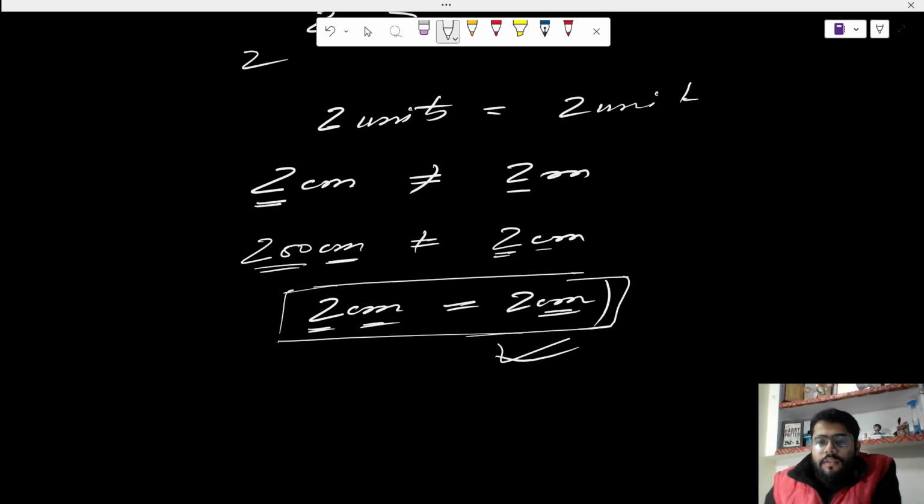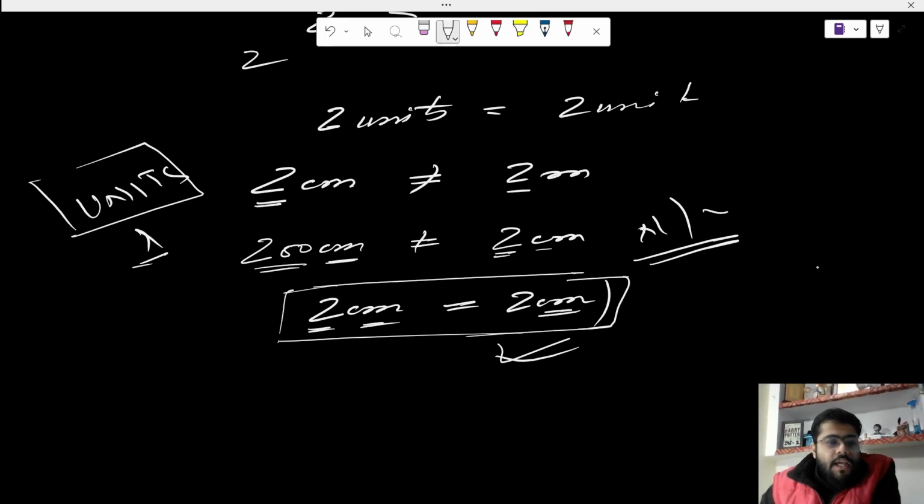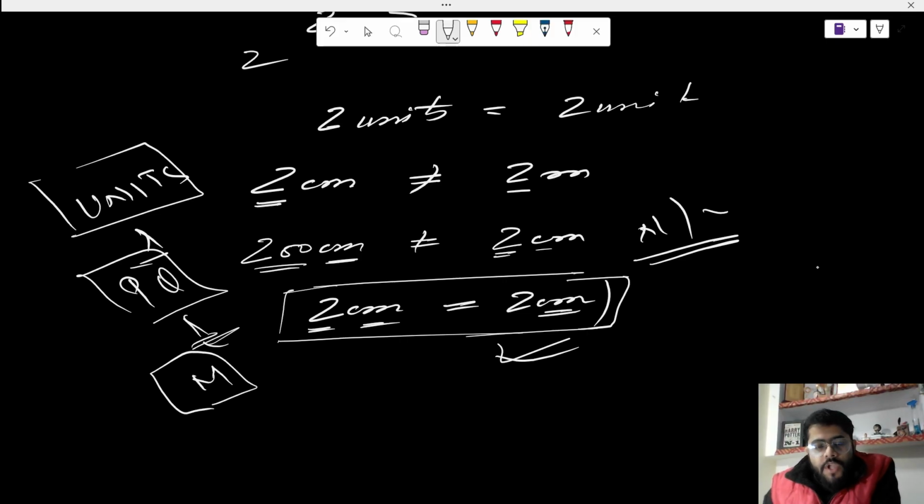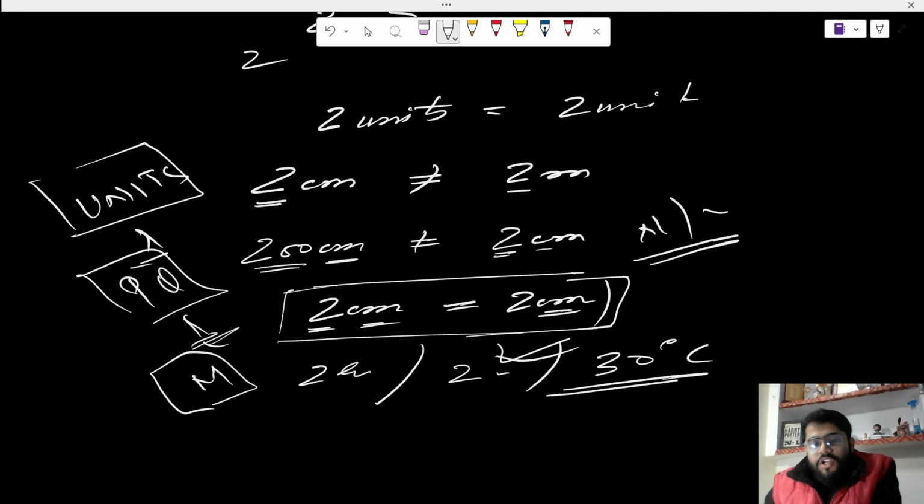Remember, units are very important to understand the physical quantity and its measurable part. For example, 2 liter has a different measuring value, 2 centimeter has a different measuring value, and 30 degrees centigrade has a different measuring value.